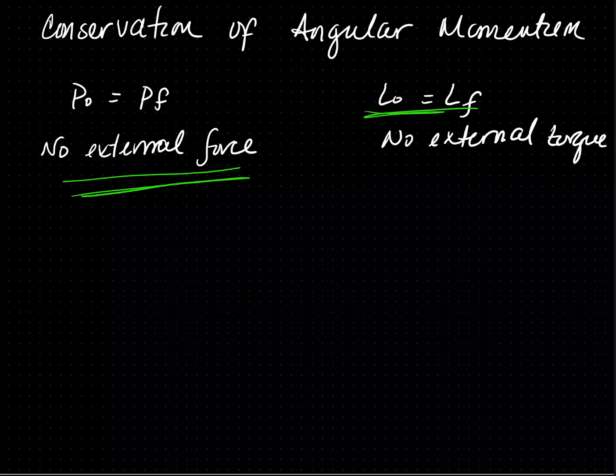Angular momentum initial will equal angular momentum final if there is no external torque. Just as we calculated for linear momentum, we only worried about what happens right before the collision and right after the collision. We don't calculate for what happens during the collision.